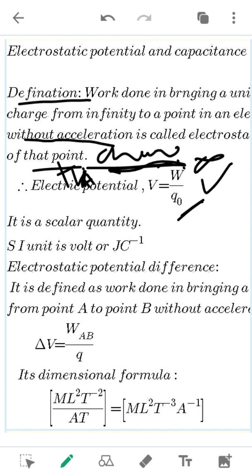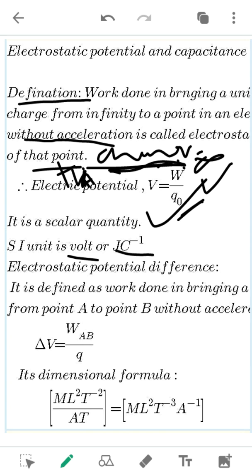Okay. So therefore, it is a scalar quantity. So you know that potential energy is a scalar quantity. Therefore, here also potential is taken as a scalar quantity. Then what will be the SI unit here? So here the SI unit of the potential is volt, or you can tell it as joule per coulomb.